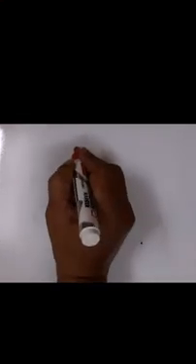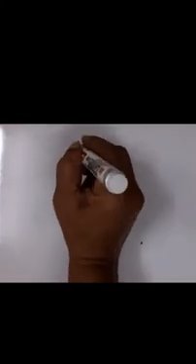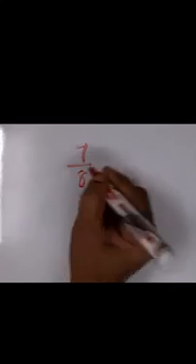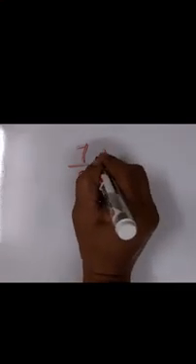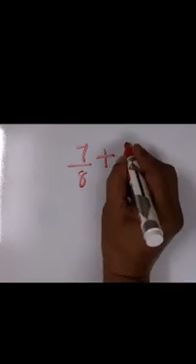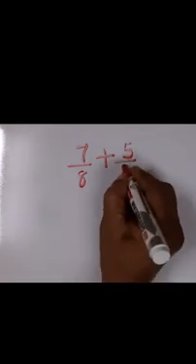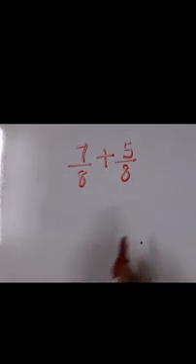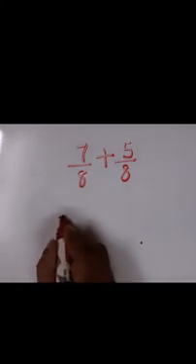How about this one? 7 upon 8 add 5 upon 8. Now children, look at the denominators, they are equal.